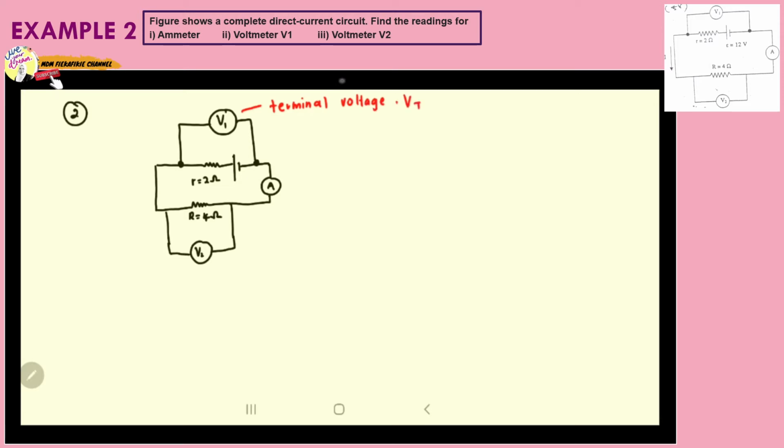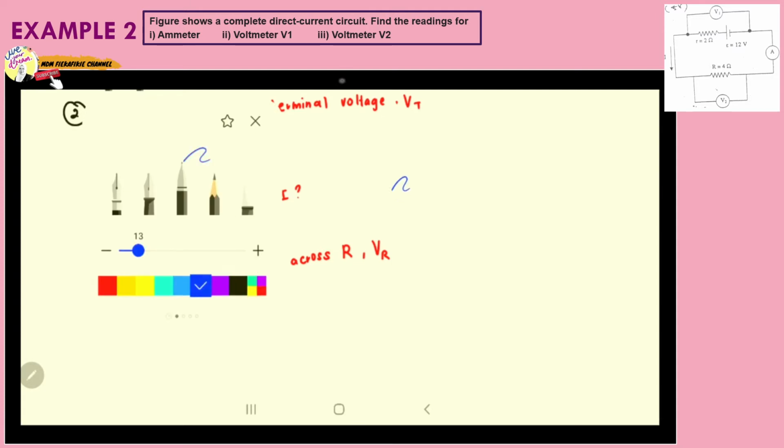Where V2 here will measure the voltage across the external resistor R, or VR. So we want to calculate the reading of A, which means the amount of current I that flows in the circuit. Okay, so let's start.